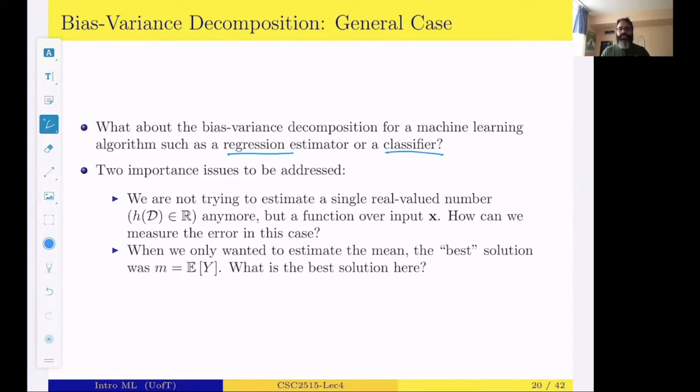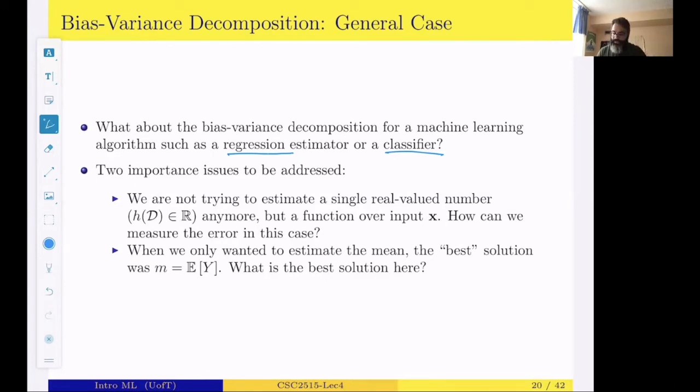The answer is yes, we can have a similar decomposition. The form of it would be a bit different. For regression, which is what I'm going to focus on, the form would be very similar, and this is usually how we talk about it in terms of regression. But there are some differences.